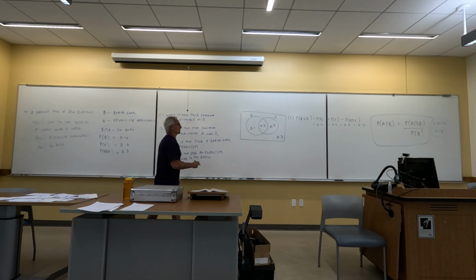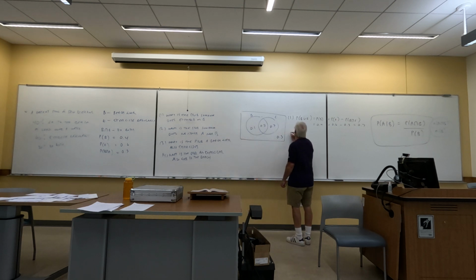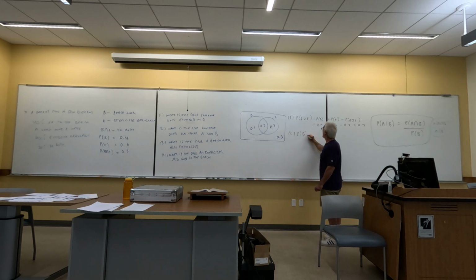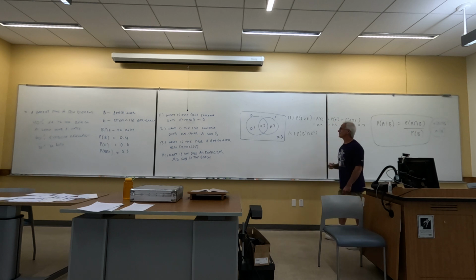So what's the second question? I'm asking you, someone does neither. So how can I write that in a notation standpoint? You can say probability somebody does not do B and at the same time does not do E. Well, wouldn't that simply be the probability of B union E complement?